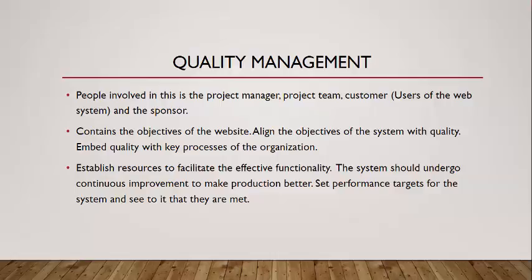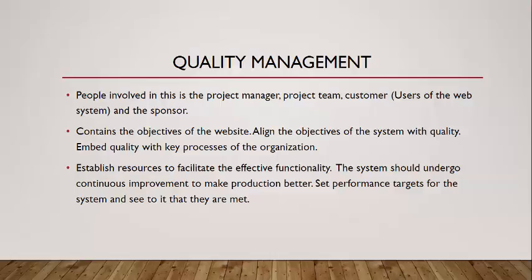So what we do, we align the objectives of the website with the qualities that we wanted to meet. So we will be comparing what we have at the moment and what the objectives were. If they are equal, we'll know that we've met our target.